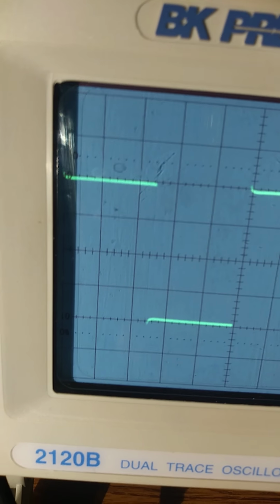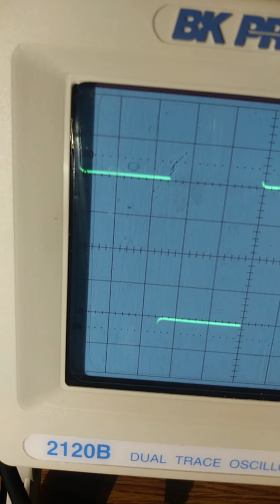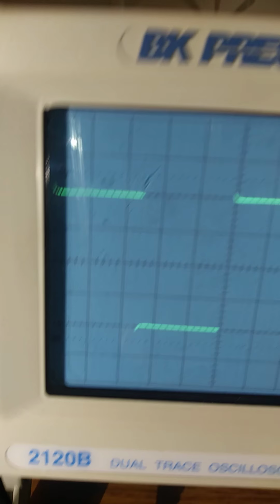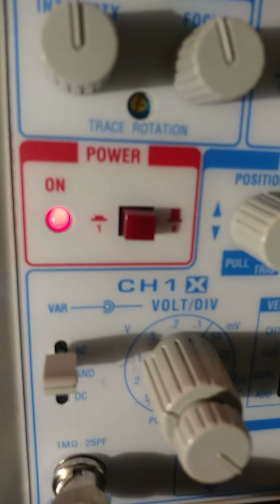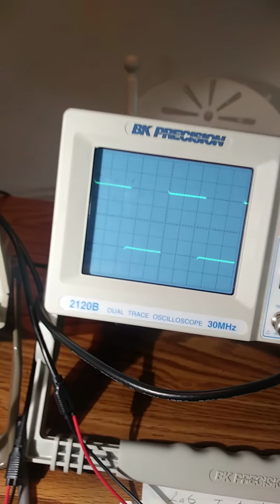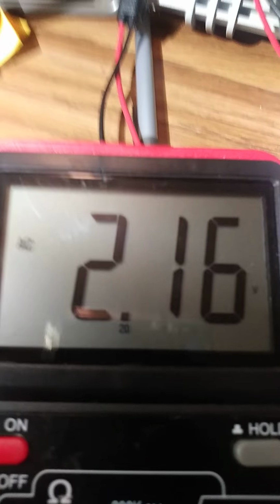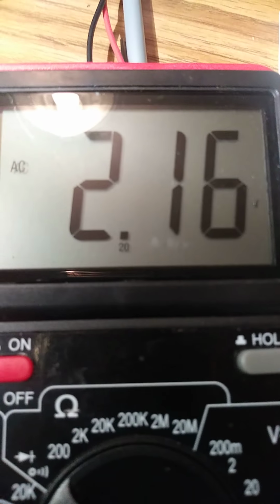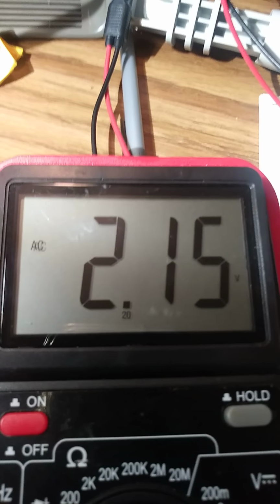Now I'm going to reduce the peak voltage to 2 squares. So I got 2 squares from the 0. 1, 2. I'm still on the 1 volt per square scale. So that means the peak voltage is 2 volts, and the voltage RMS on the voltmeter is 2.16.